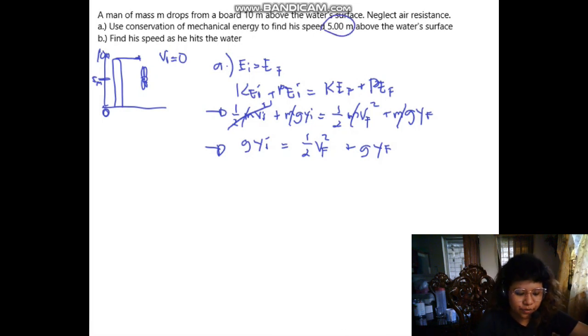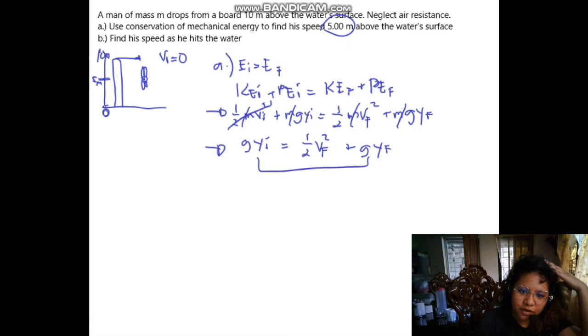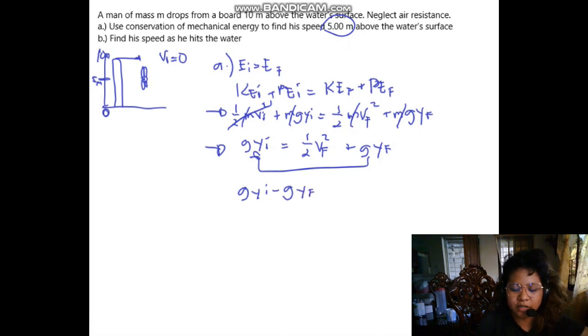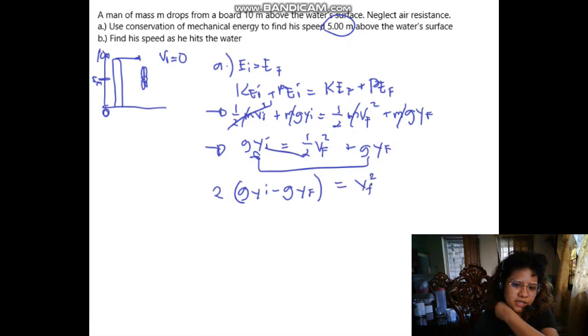So, we're going to derive the formula. Let's transpose this: we're going to have g times initial position minus g times final position. Then cross multiply the 2, so multiply by 2 is equal to final velocity squared.